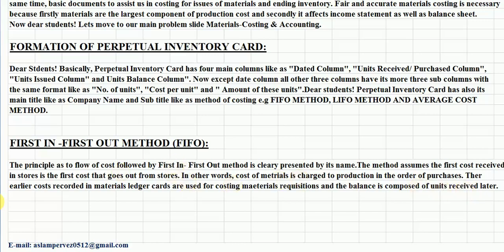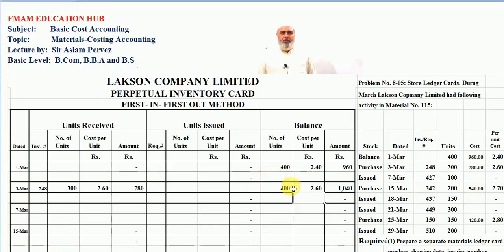Now we move again to our main slide. Students, we have passed the second transaction. Now we record the inventory in the balance column. This is the previous inventory units, but the current inventory units are 300 units, the rate is 2.60.